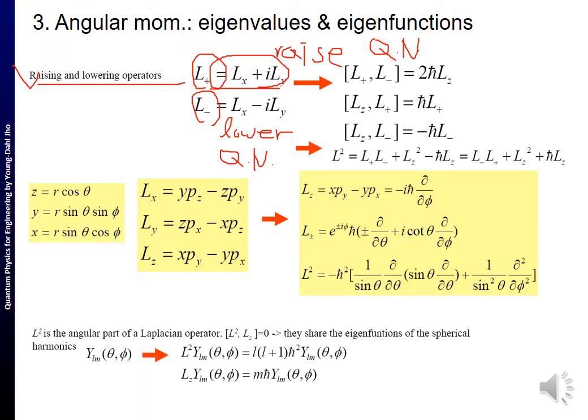It is the linear combination of Lx and Ly. Then if we go through the commutation again, it is non-zero. So non-zero. What does it mean? There is uncertainty. You cannot determine this one and this one at the same time. Well, Lx itself could be represented in terms of L plus and L minus. Okay, as shown here.